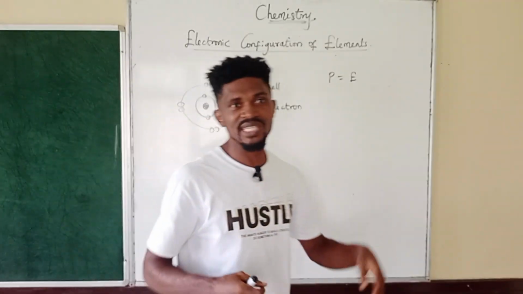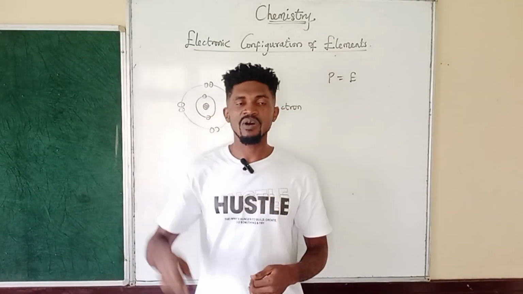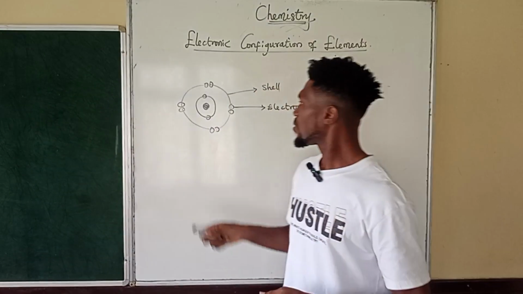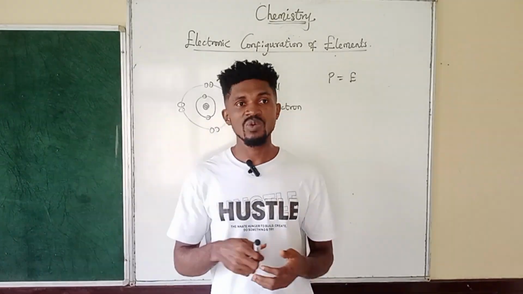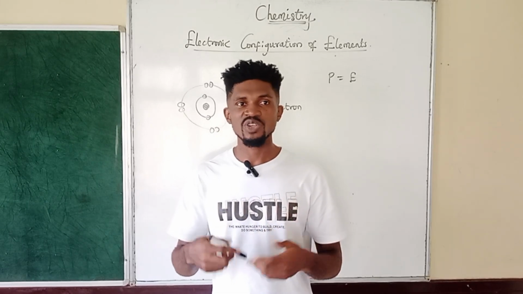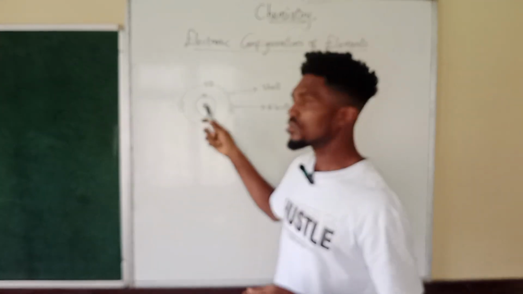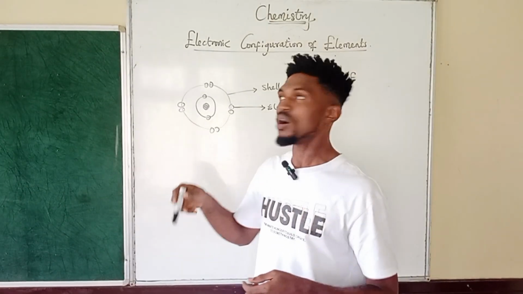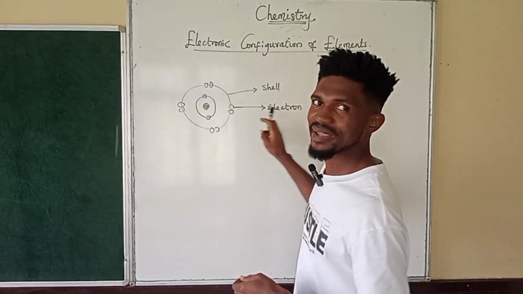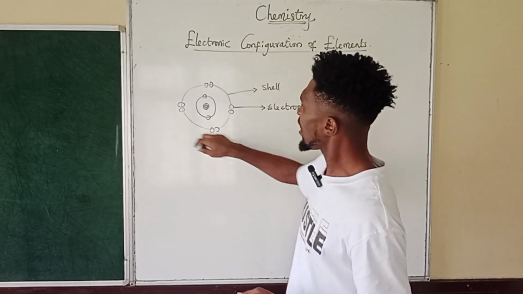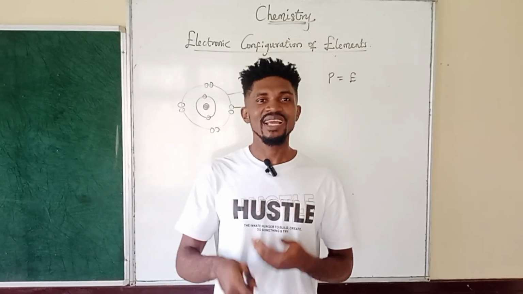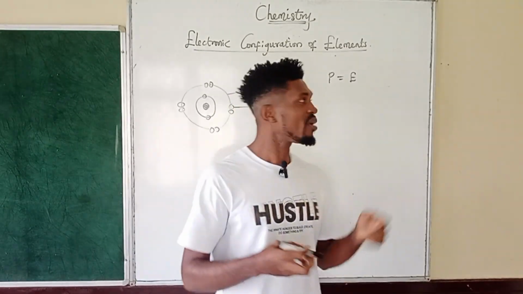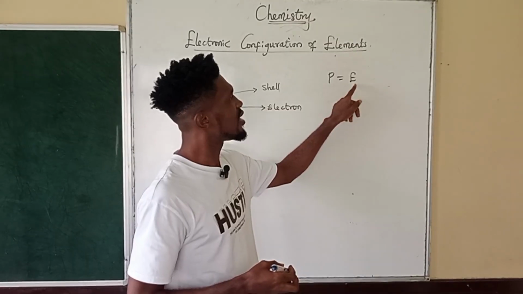Remember that we stated in our previous video, even before the first 20 elements, when we treated the constituents of an atom, we said that the number of proton is usually the same as the number of electron. Why? To make this atom electrically stable. That's why we said atom is electrically stable, because the number of proton is equal to the number of electron.